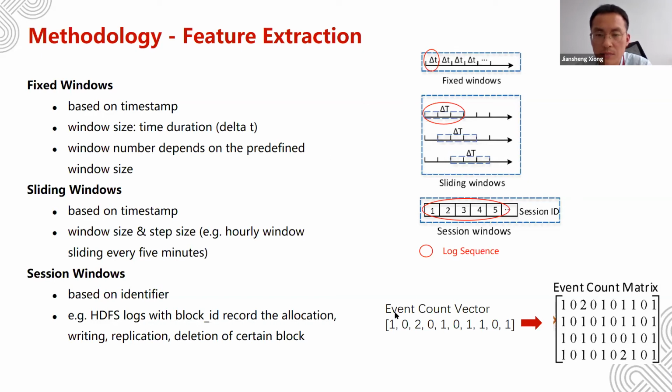The log sequence can be converted into an event count vector, just like here. It means event 1 occurred once in the log sequence, and event 3 occurred twice, just like so. And then every log sequence can consist of this.